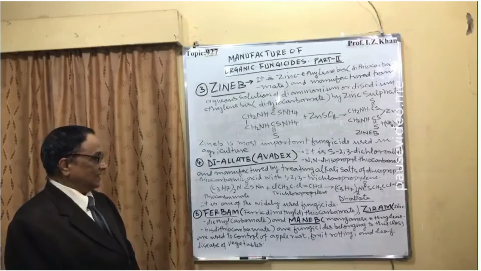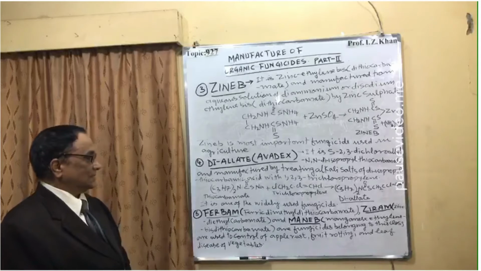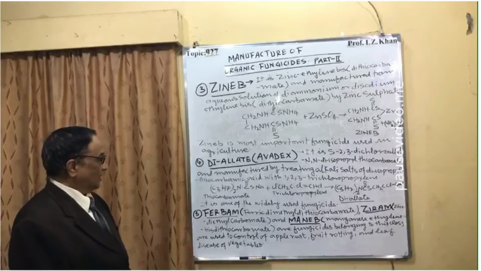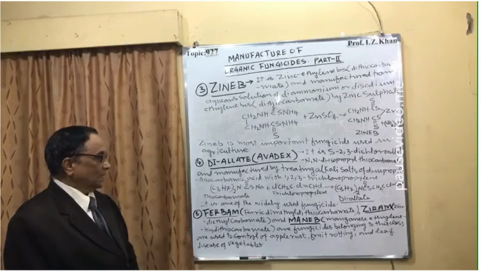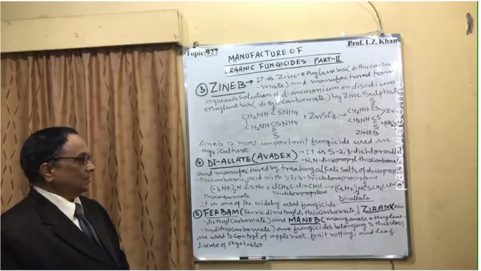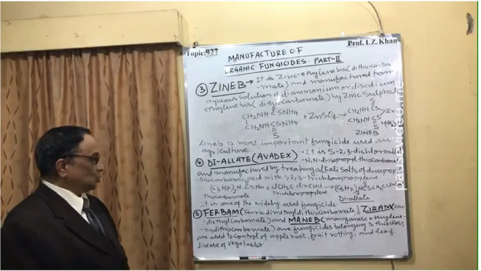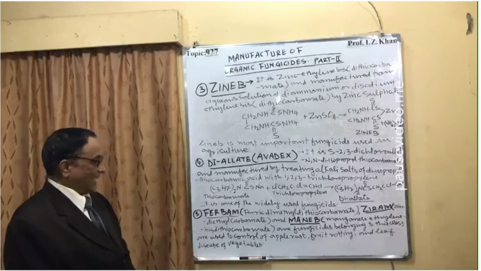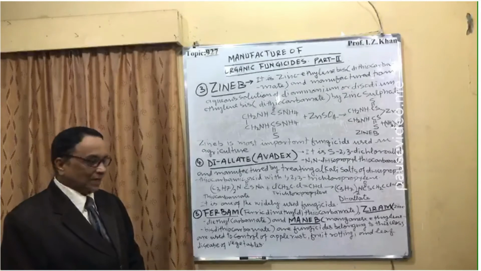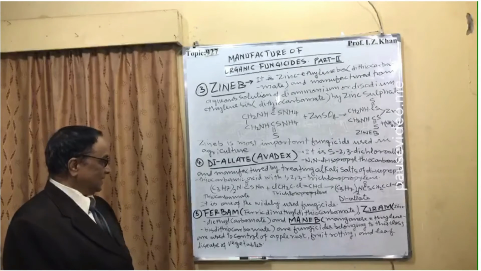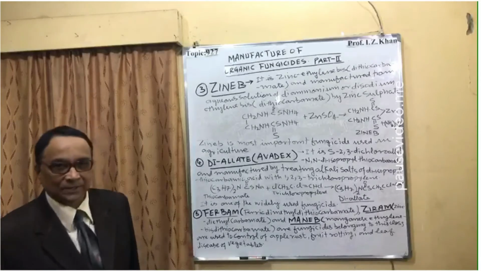They are fungicides belonging to this group, known as Ferbam, Ziram and Maneb, and these are used to control apple rust, fruit rotting, and leaf diseases of vegetables.